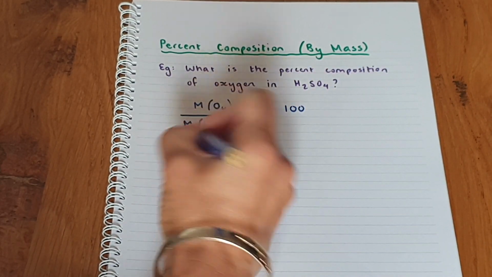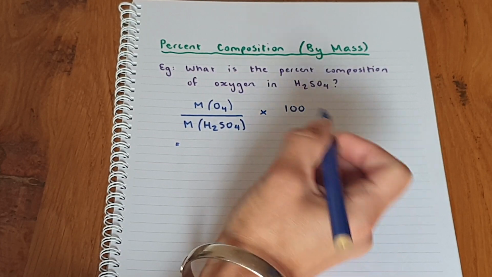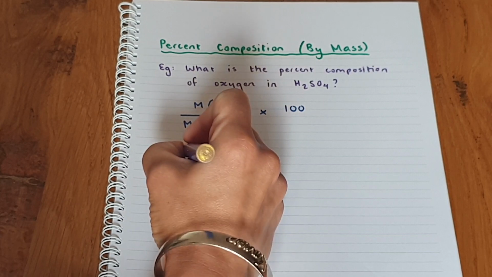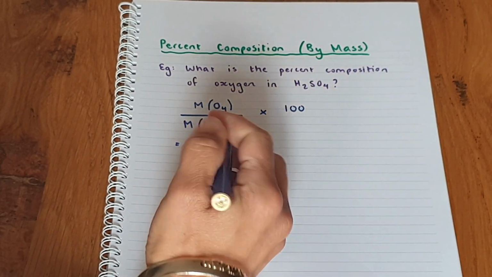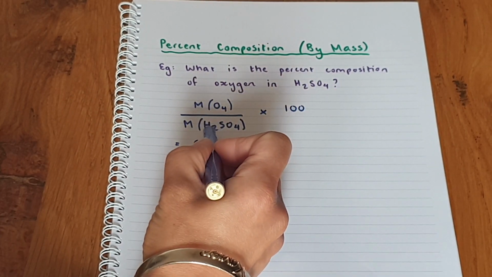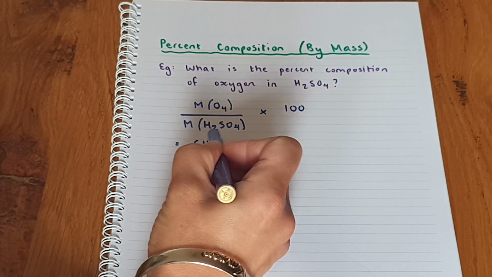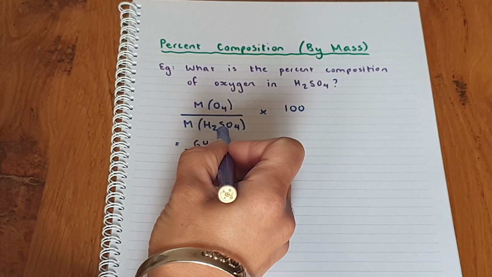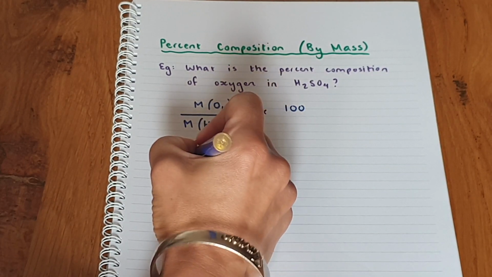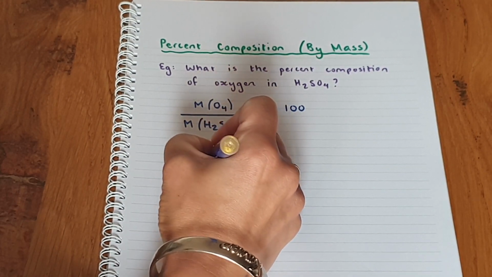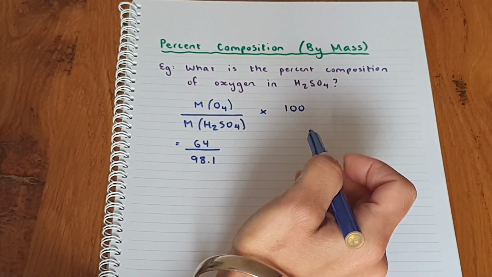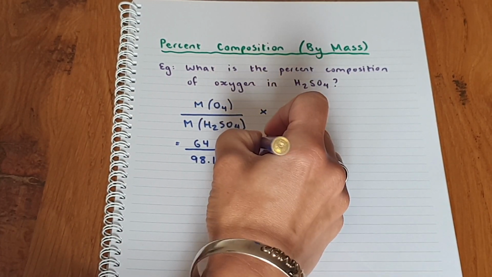So we use our periodic table, we see that oxygen is 16.0, there's 4 of them, so our numerator is 64. We have to look up each of these particular elements as well to get the entire thing. So we have 1.0 times 2, and 32.1, plus the 64, which means we have a total relative molecular mass of sulfuric acid of 98.1, times 100.